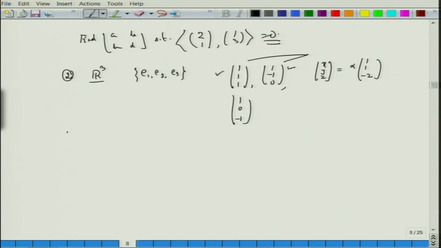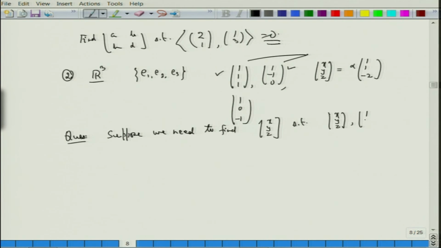So question, suppose we need to find (x, y, z), or in terms of column, find (x, y, z) such that the inner product of (x, y, z) with (1, 1, 1) is 0, and (x, y, z) with (1, -1, 0) is also 0, both of them are 0.